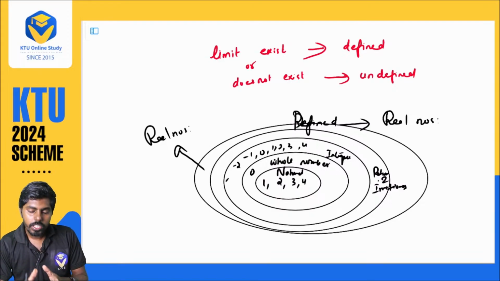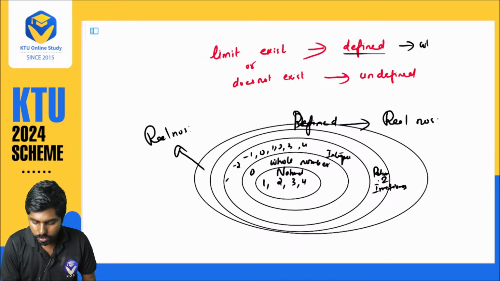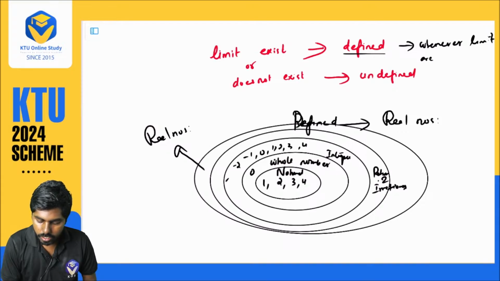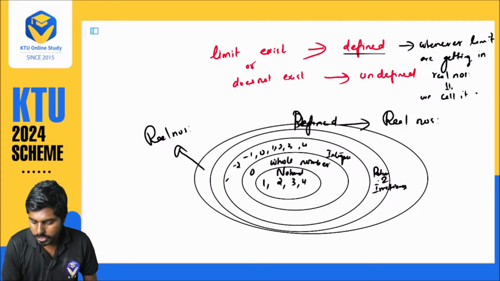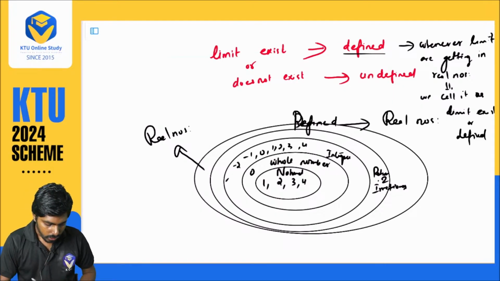So whenever the limit is obtained as a real number, we call it defined. Limits exist when they are defined. It is very, very important because it is connected with continuity. I told you limit is connected with continuity. So this is the basic thing. Now we'll go to the problem.